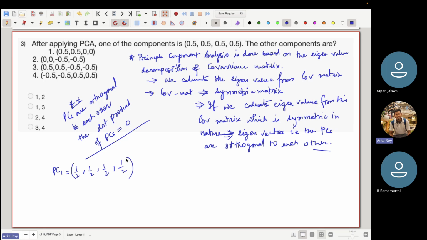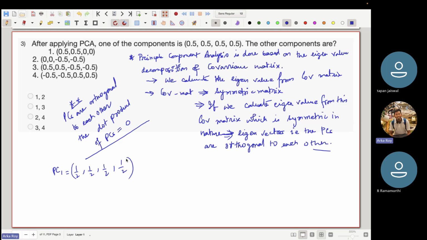So this is the vector that you have received. You have 4-dimensional data, and from the 4-dimensional data you have got the principal components.